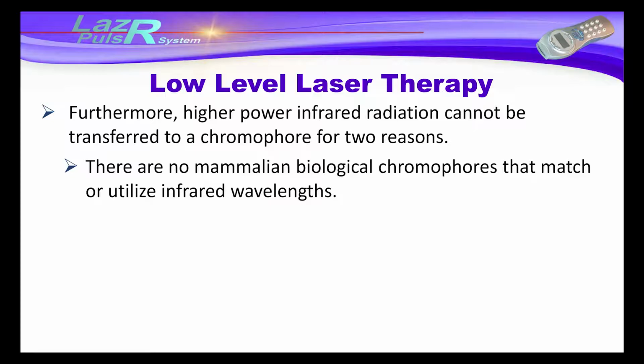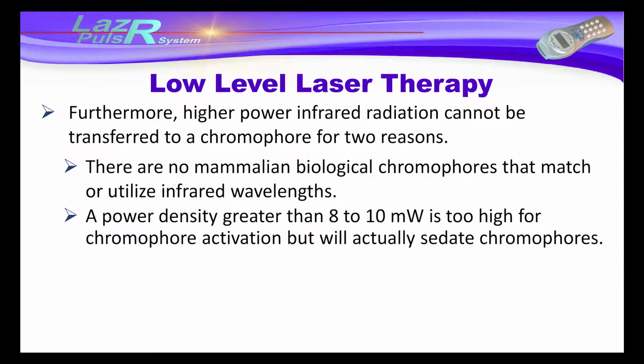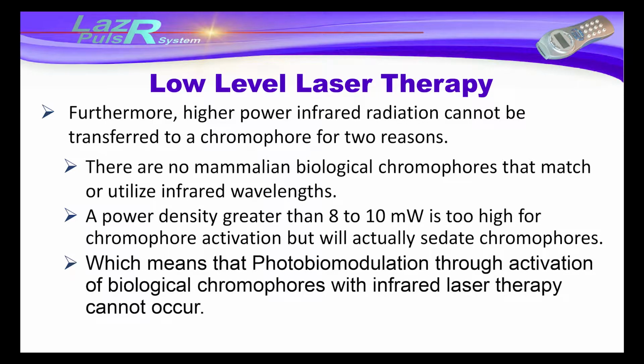This is why infrared wavelengths are not visible to your eyes. Then a power density greater than 8 to 10 milliwatts is too high for chromophore activation, but will actually sedate chromophores. This is similar to looking at a bright light and being temporarily blinded. Too much light sedates the chromophores of the eyes, which means that photobiomodulation through activation of biological chromophores with infrared laser therapy can never occur.